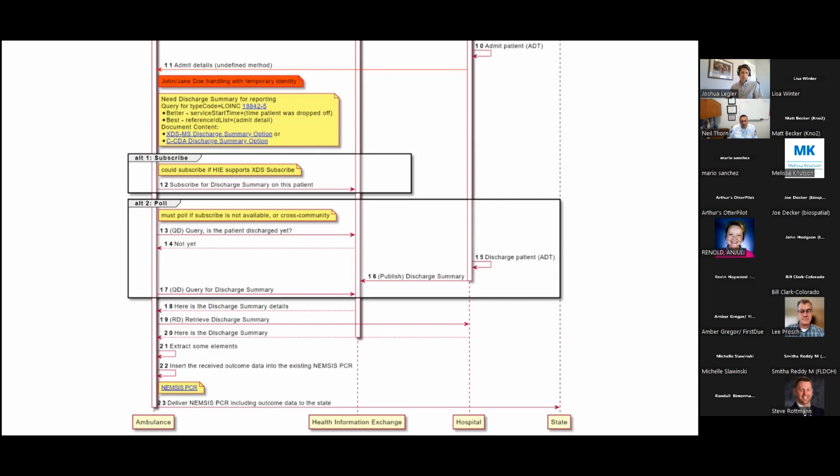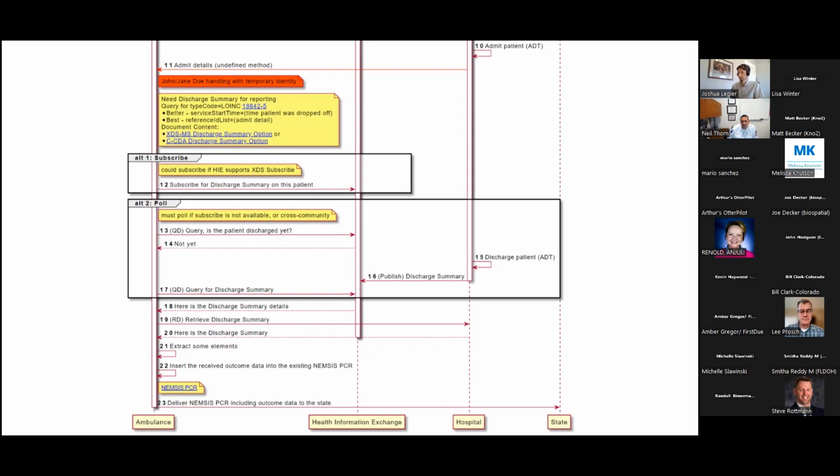This sequence diagram also goes down into a subscribe versus a polling approach. So subscribe would say, hey, when you get outcomes for this patient, then send them to me or notify me. And the second is just every so often the EMS system would need to submit a query that says, hey, do you have outcomes for this patient yet?